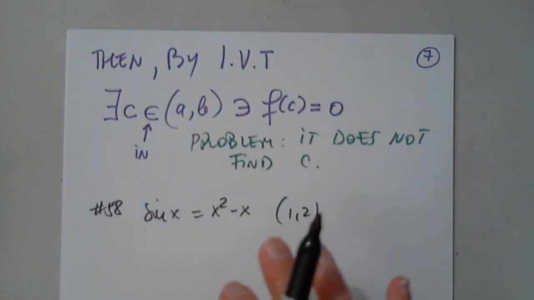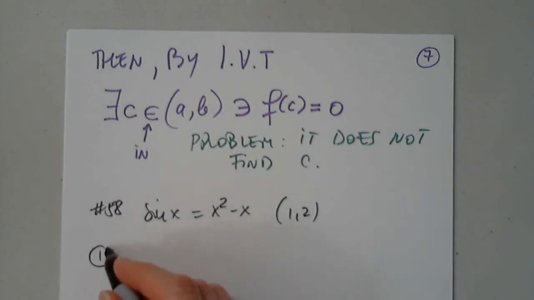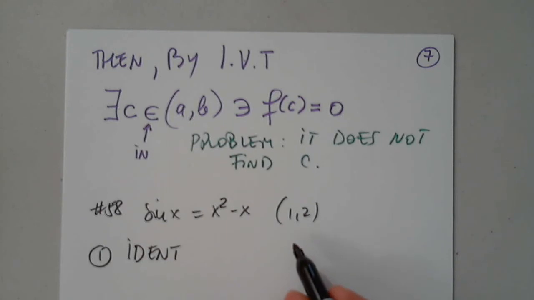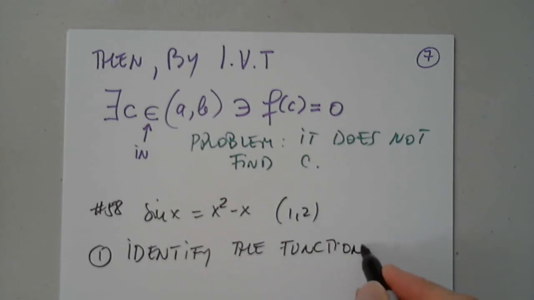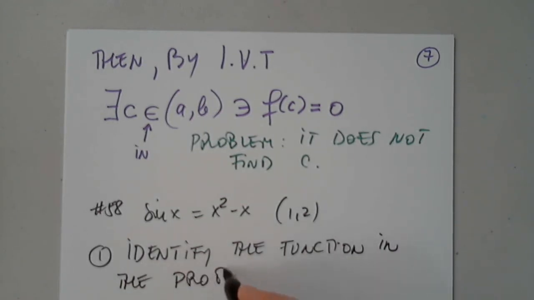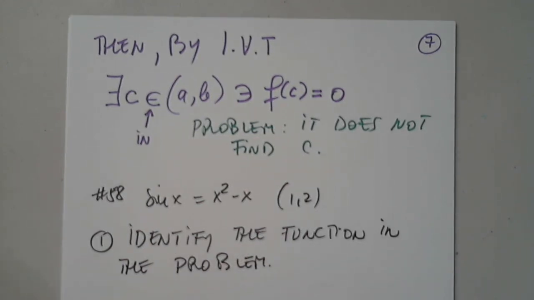In step number 1, we have to identify, because it's not clear, right? Identify the function in the problem. This is our first step, to identify the function in the problem.